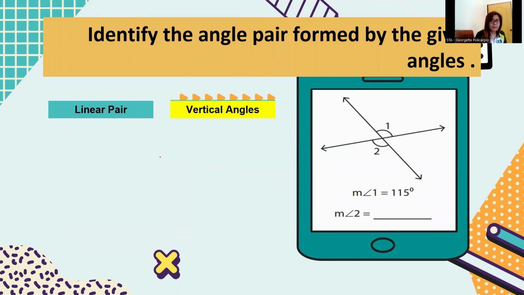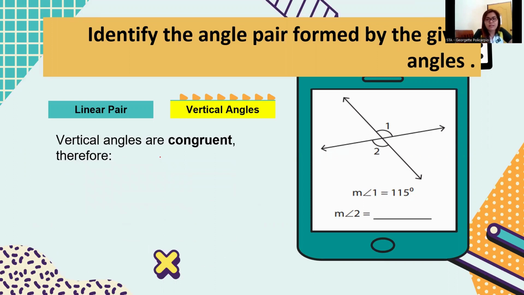Linear pair, same vertex, magkatabi, as in magkatabi meaning you have the same side. Etong dalawa wala silang same side. So kaya sila vertical angles. Therefore, if you're asked what is the measure of angle 2, since vertical angles are congruent, ibig sabihin angle 2 measures 115 degrees as well.